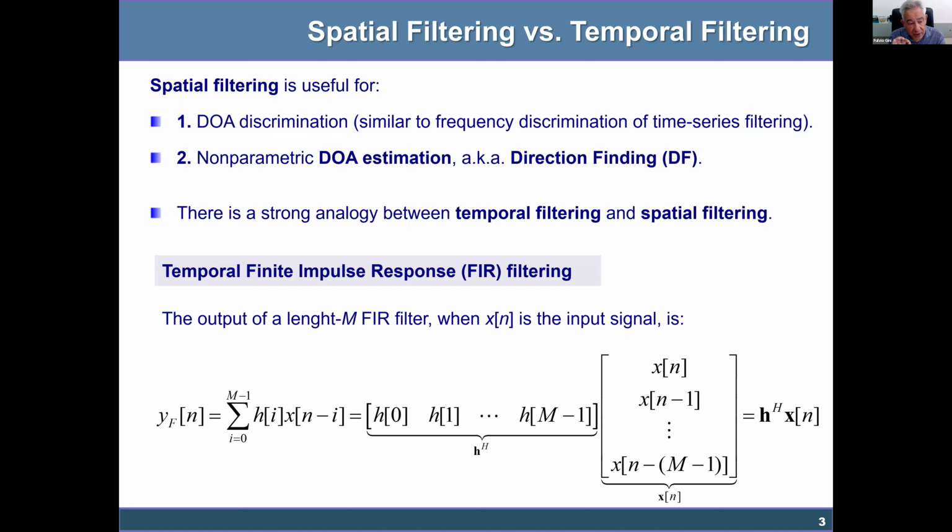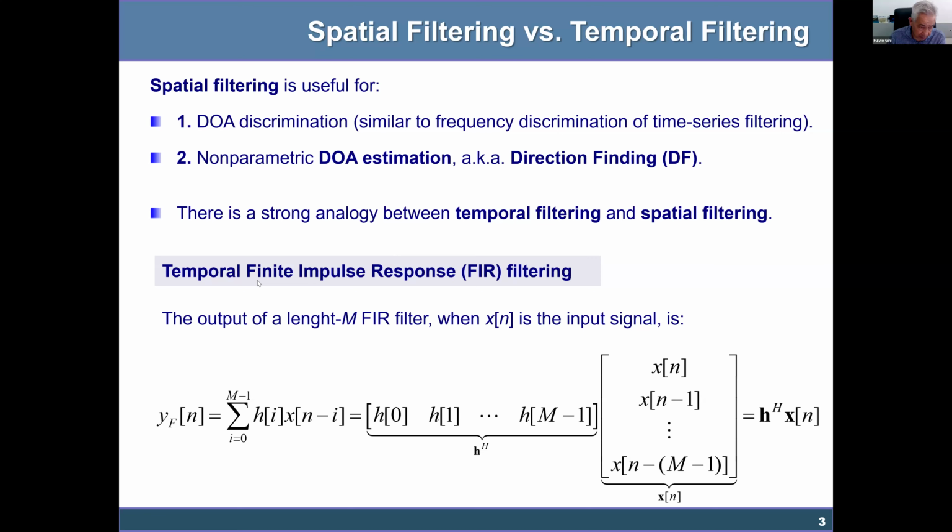Now, to make this analogy 100% clear, let's go back to the temporal filtering in the time domain. So let's assume that we have our input data, x of n, so n is the time. We filter x with an FIR filter, linear time invariant FIR.